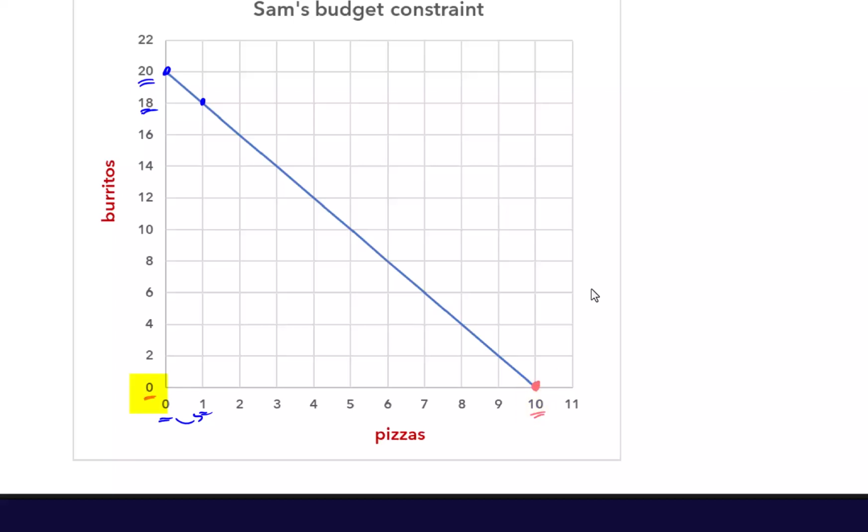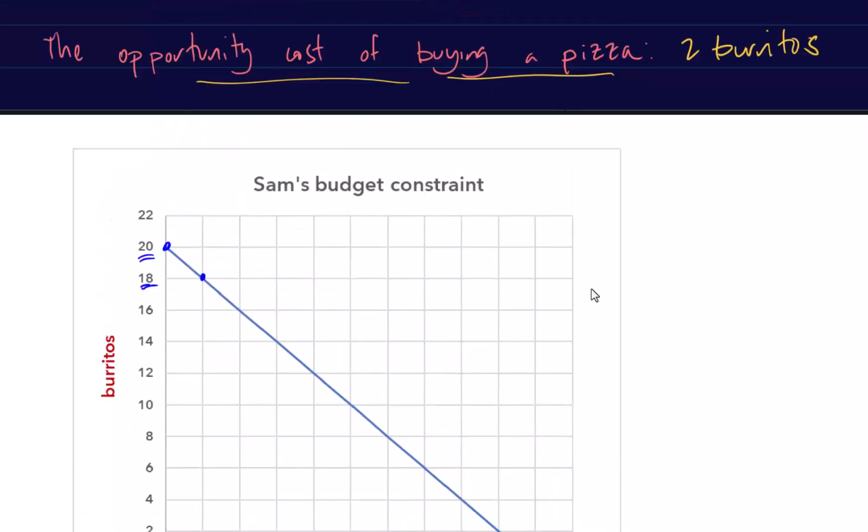Now, if he goes from 0 burritos to 1, he'll be here, which will be 9.5 pizzas. So the cost of 1 burrito, which is what we want to know, is half a pizza.